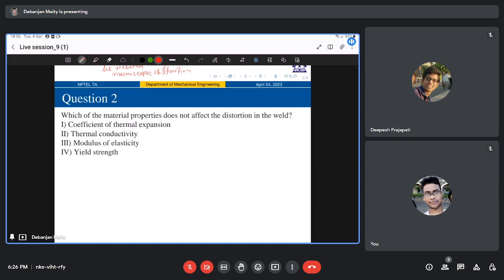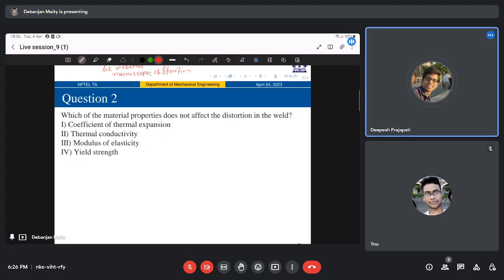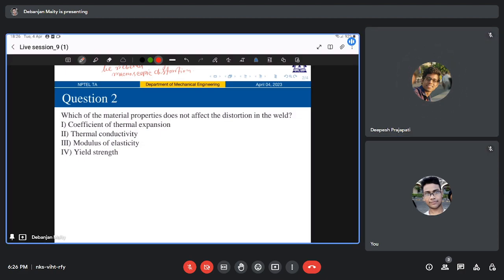So the materials which are having higher yield strength, they are having higher strength also, right? In terms of hardness, correct? So yes, whenever the material is having the higher yield strength, it is having some higher hardness also. So when yield strength goes up, the distortion also will shoot up.